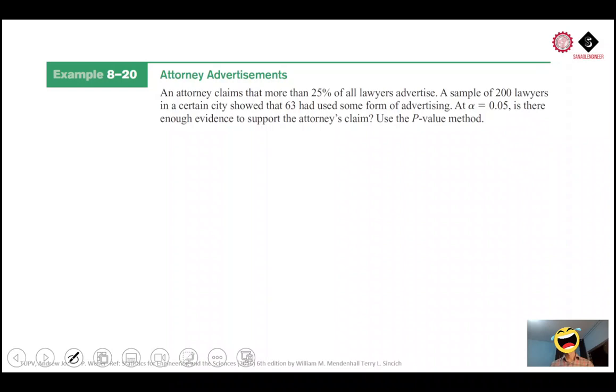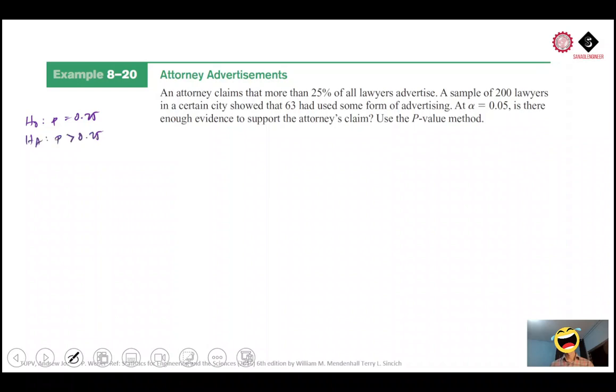For the null hypothesis, p is 0.25: 25% of all lawyers do advertising, but the alternative is greater than that.